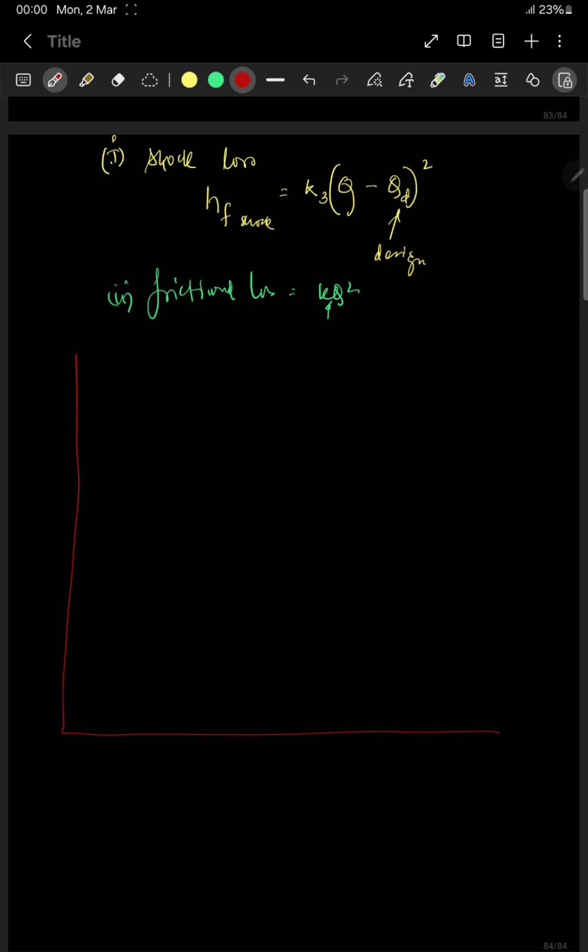If we try to draw it for this, for backward, this will be for forward, this is for forward, this is radial, this is backward.